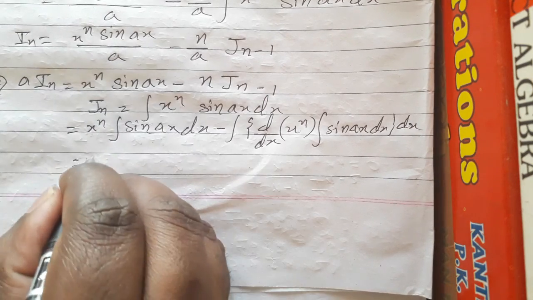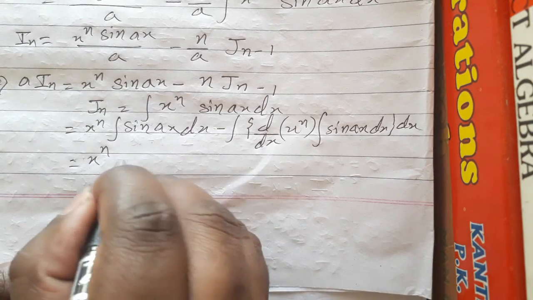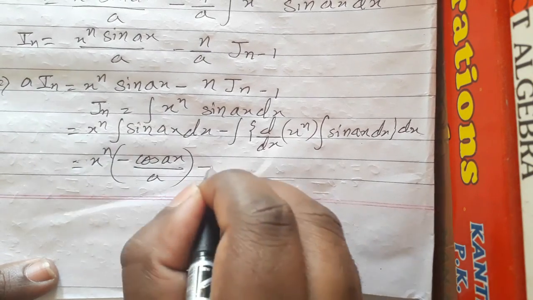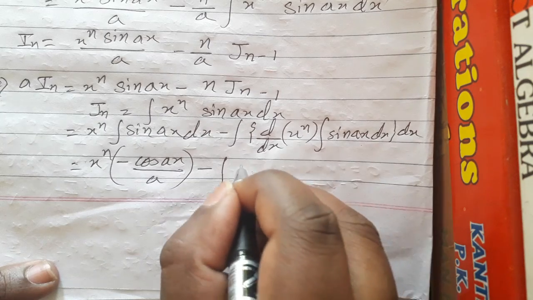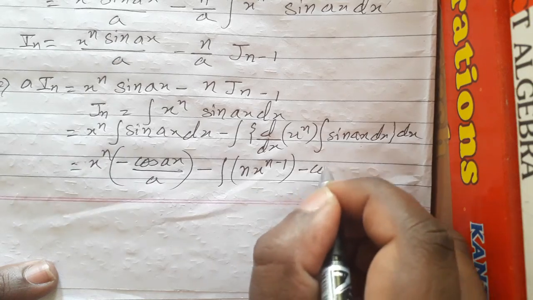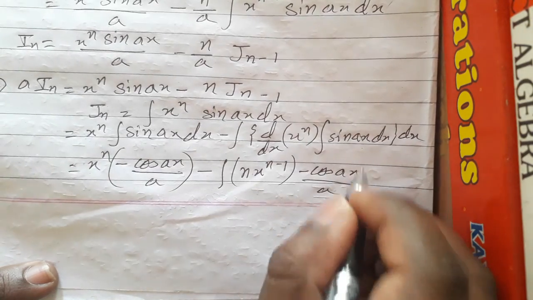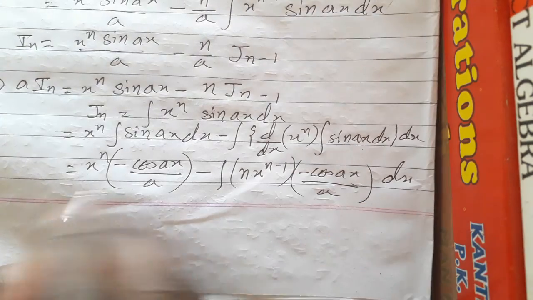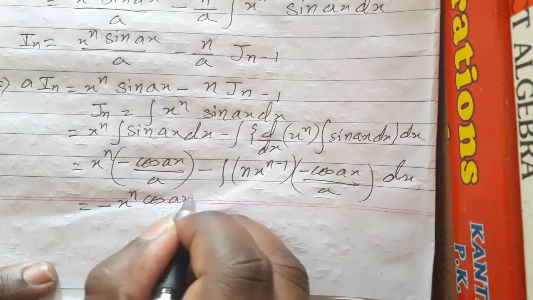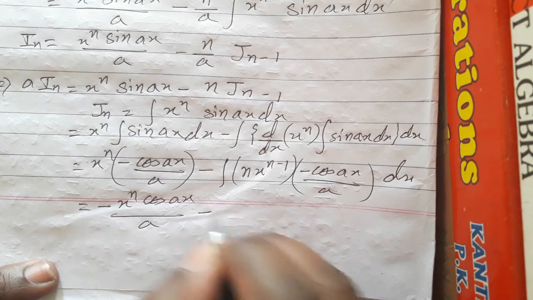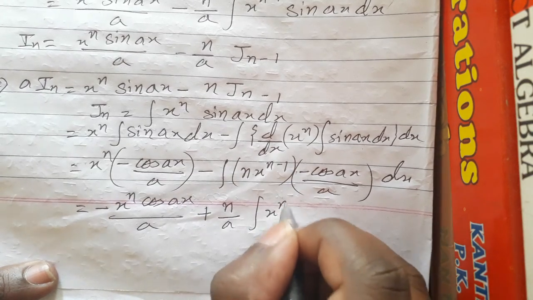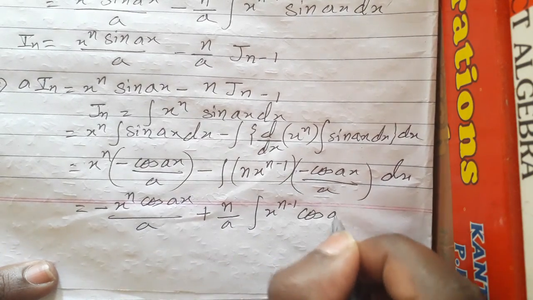Okay, so this will be x^n, the integration of this is minus cos ax by a, minus this will be the differentiation of this, we get n x^(n-1), and the integration of this we get minus cos ax by a, dx. So this will be minus x^n cos ax by a, minus, we get plus n by a, integration of x^(n-1) cos ax dx.